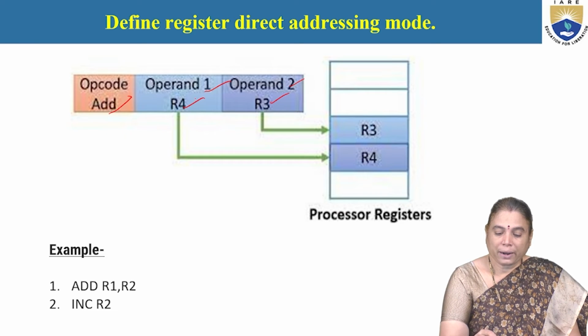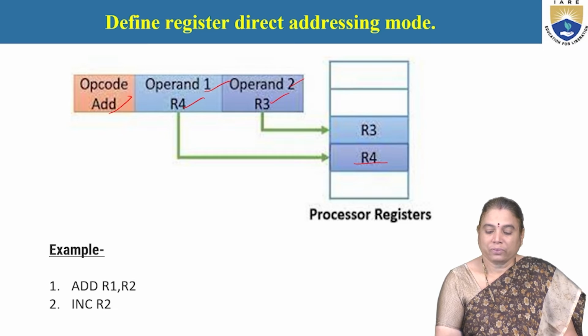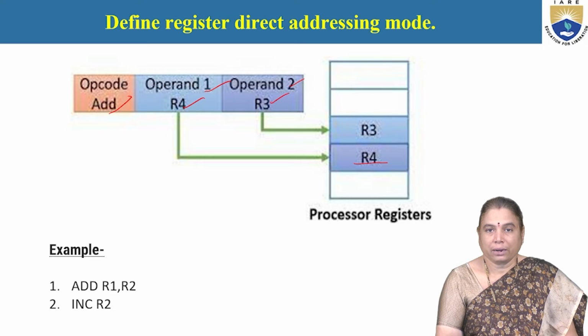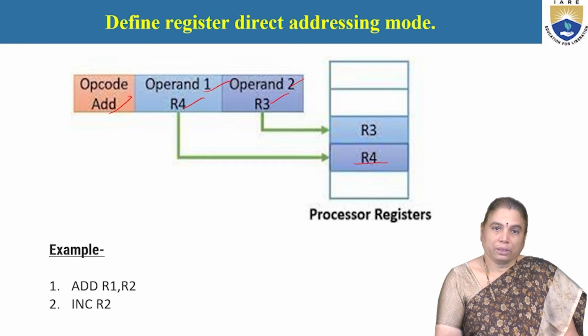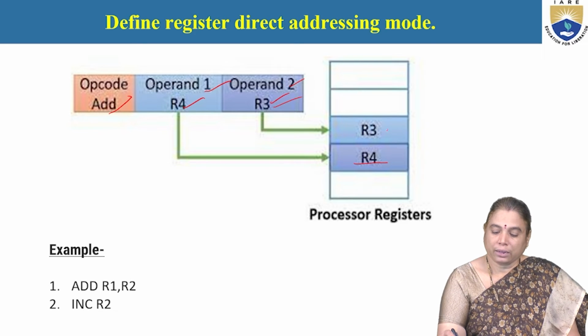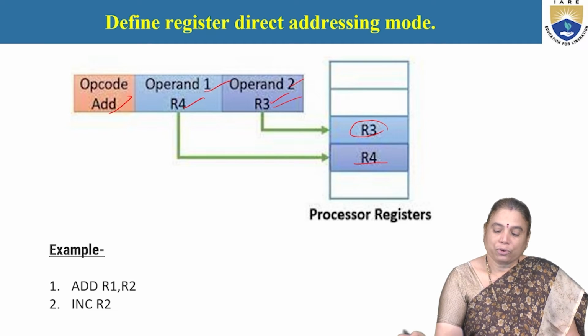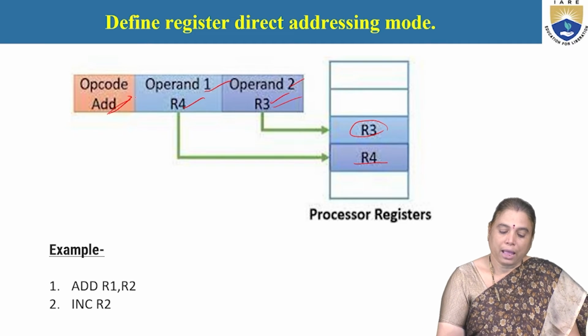So the first operand is retrieved with the help of register R4. That value can be retrieved and used in the ADD micro operation. The second operand is stored in register R3, and that value can be retrieved and used in the ADD micro operation.